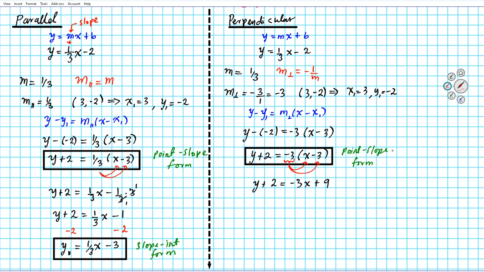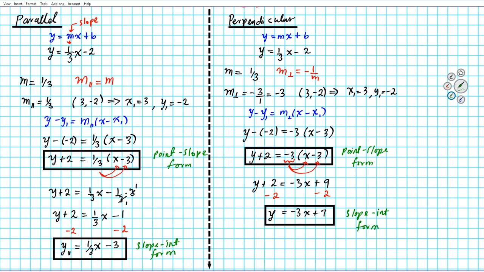And then to finish this off, we're going to subtract 2 from both sides of the equation, and that's going to give us y equals -3x plus 7. Okay, so this right here is the slope intercept form.